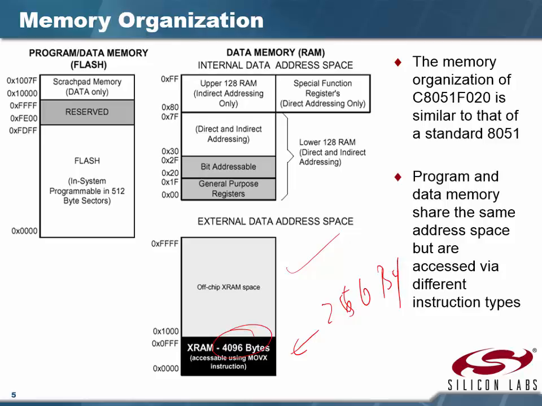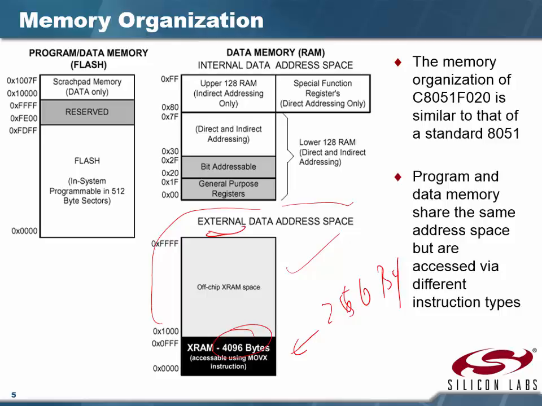But the original 8051 did not have this. On the original 8051, this was truly external. Now, the one that we're using, this is actually on the chip, but we're still having to treat it as external in terms of writing software.